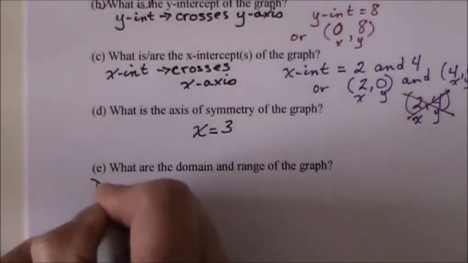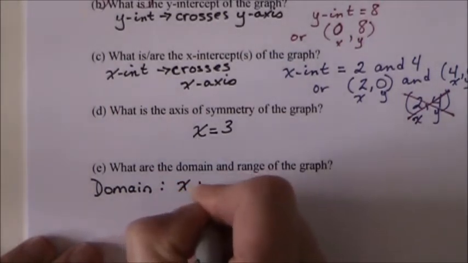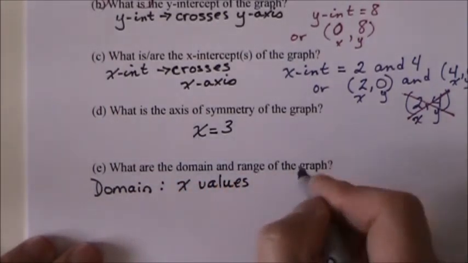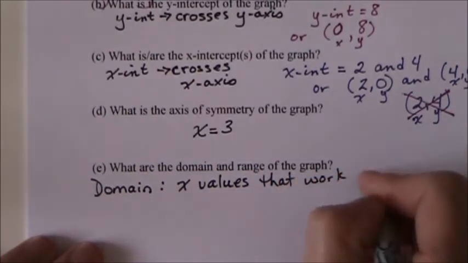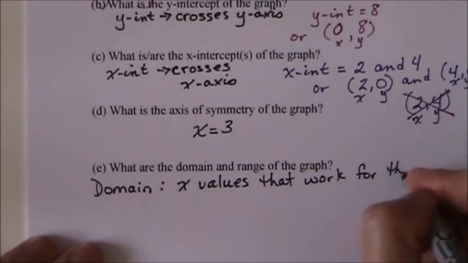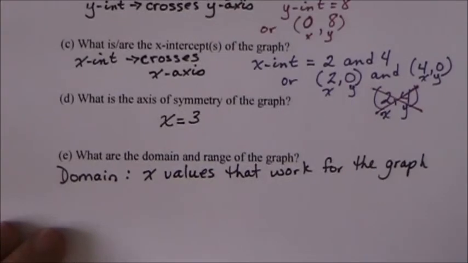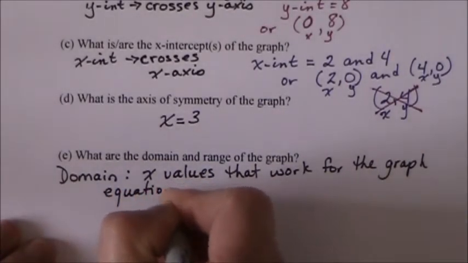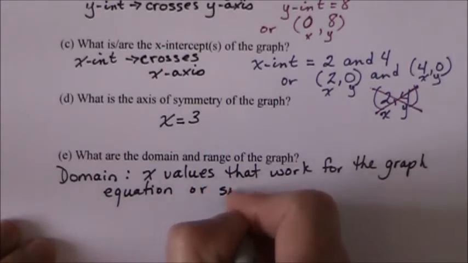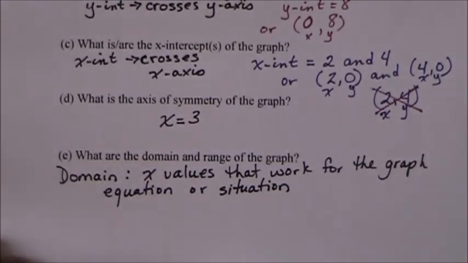So, domain is the x values that work for the graph equation or situation. Domain goes with our x.